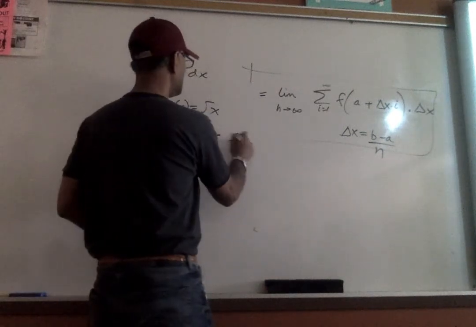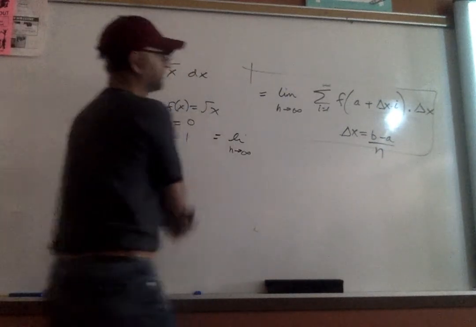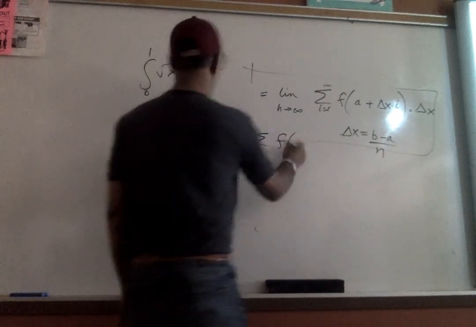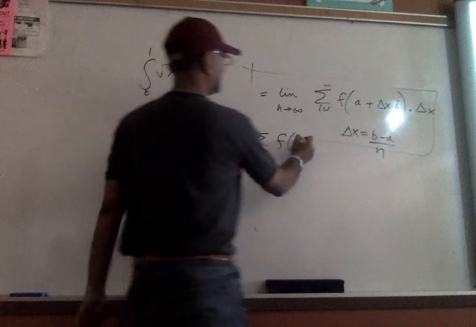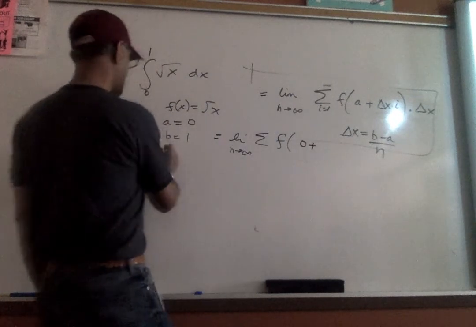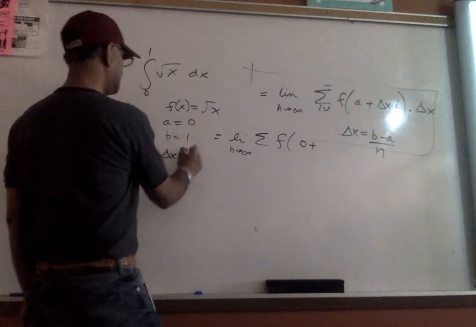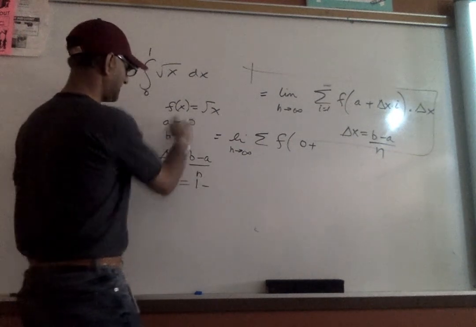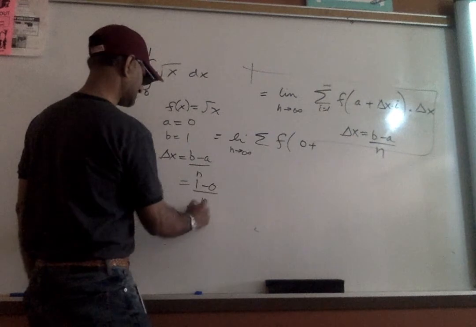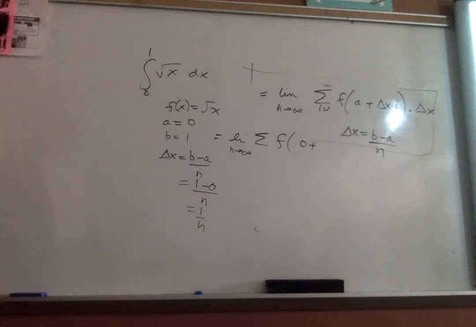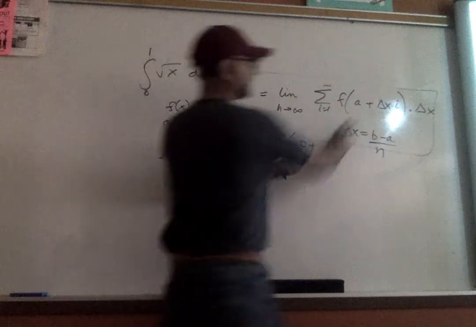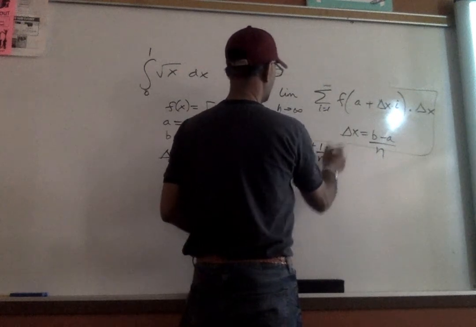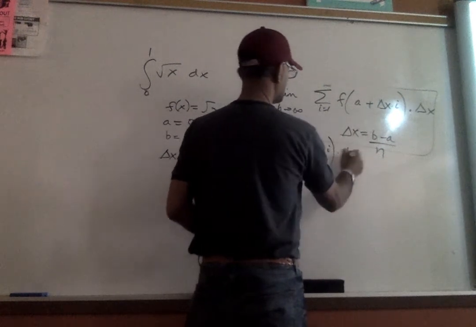It's basically limit as n approaches infinity, summation of f of A, which is 0, plus delta x, which is b minus a over n rectangles. B is 1, A is 0 over n rectangles. So that is 1 over n. So f of 0 plus, plugging in the formula, 1 over n times i times delta x, which is 1 over n.